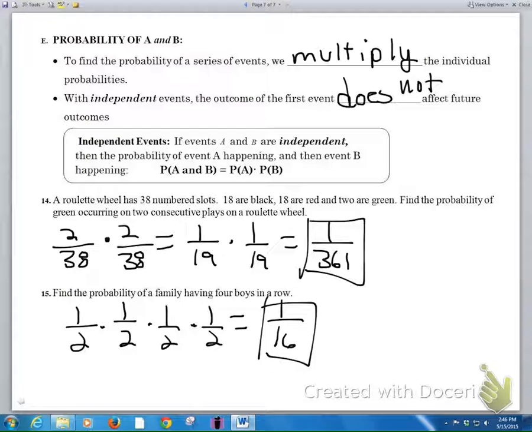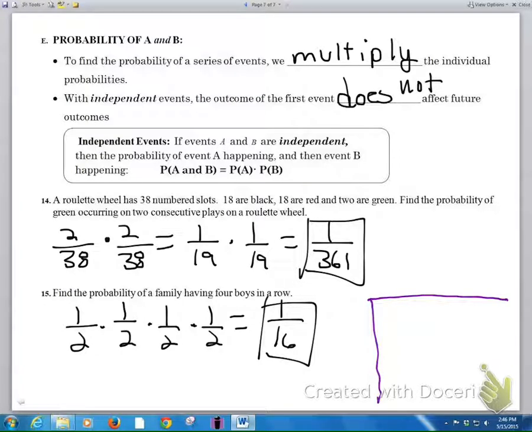Any questions? So that's when it's independent. Okay. When it's dependent, which for some reason is not in these notes, you have to take into account the previous event.